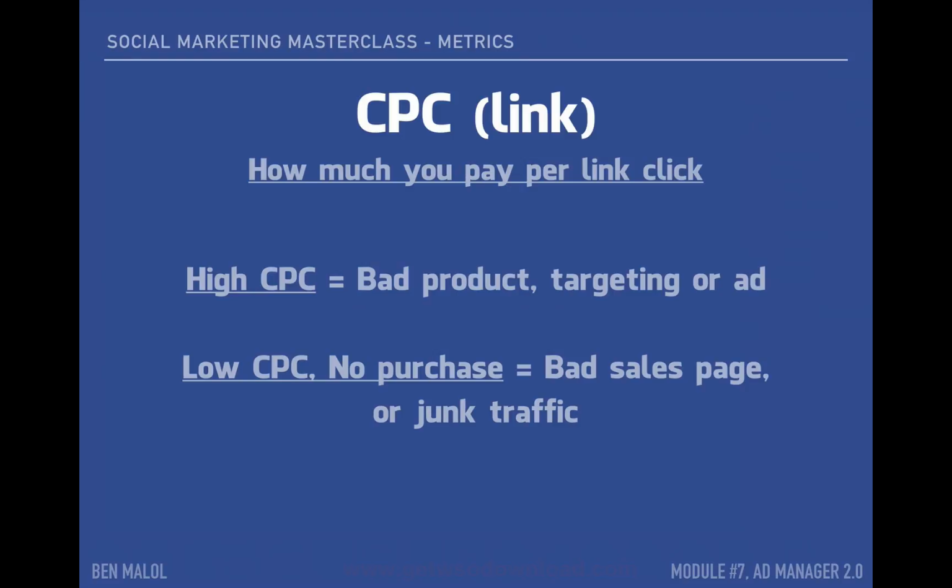You want to make sure that your ad and the landing page are aligned. If you are advertising a product, make sure that he arrives on that product. If you're advertising 30% off on that product, make sure that when he arrives on your page, there's 30% off. Not 40% off, not 50% off, 30% off.